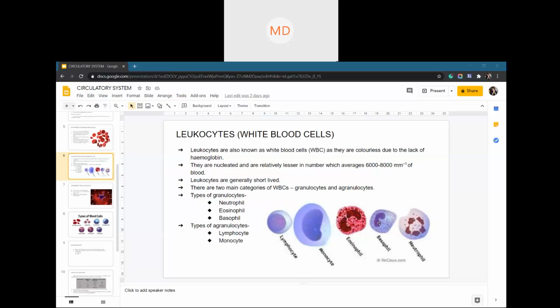But for white blood cells there are different types. White blood cells are distinguished into two main categories, granulocytes and agranulocytes. Now what are granulocytes and what are agranulocytes?